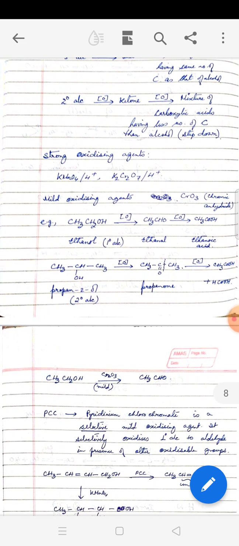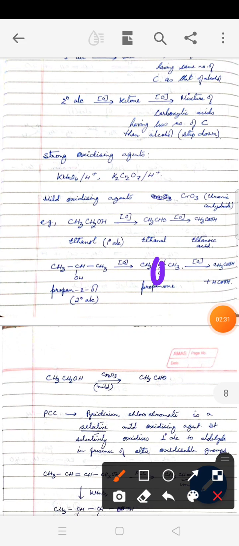On oxidation, one of the C-C bonds across the carbonyl group will break. So on one side we have 2 carbon, so it will get oxidized to form ethanoic acid. On the other side we have 1 carbon, so the acid with 1 carbon is formic acid. So these 2 acids will be formed. So remember how to write the products. This side it is easy to guess, but this side is a little difficult.